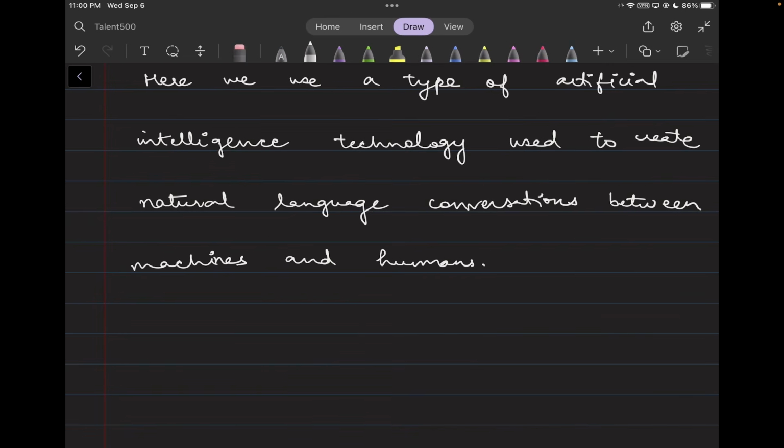Okay, so basically the primary goal of ChatGPT is to assist and enhance human communication by generating relevant output, whatever you are asking. So based upon your question, it is going to be generating some responses.